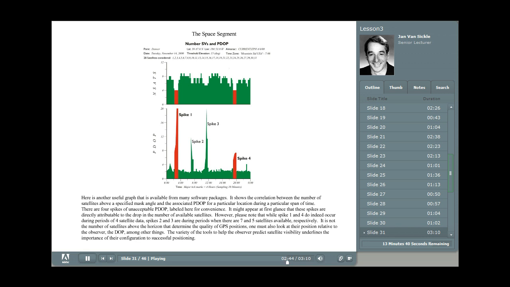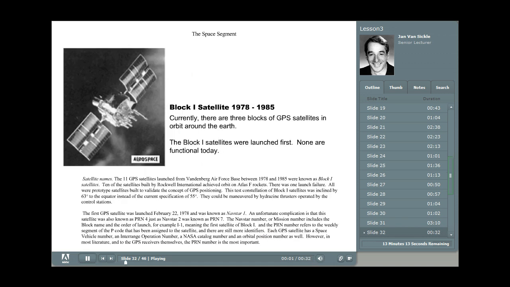Nor is it correct to say that simply because the constellation is good, the PDOP is low. One has to look at it in some detail, and it's valuable to note that most processing software packages do allow you easily to make graphs of this type if you have a current ephemeris in your system. And it's lucky that those current ephemerides can be downloaded from the internet, as well as collected from the satellites.